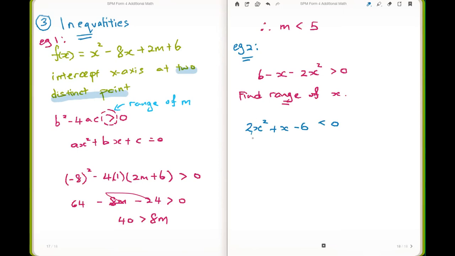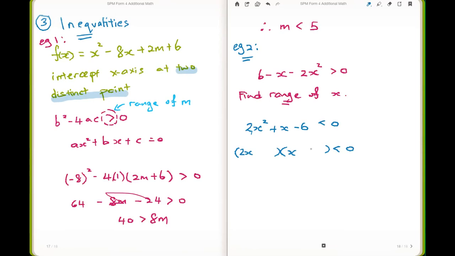To do that, next we will want to factorize it. You might need to use your calculator to help you with the factors of 2x squared, 6. 6 gives you 6 and 1, or 2 and 3. If it were 2 and 3, cannot do with that.